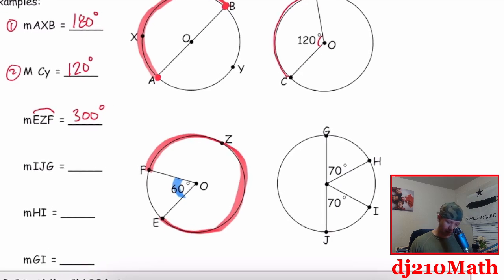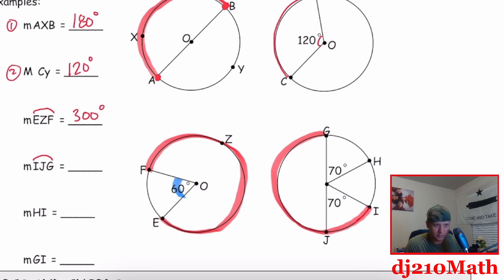All right, IJG. Again, this is arc IJG. So let's see. So this is why major arcs have 3 letters, right? Because it kind of tells you the direction of which way to go.